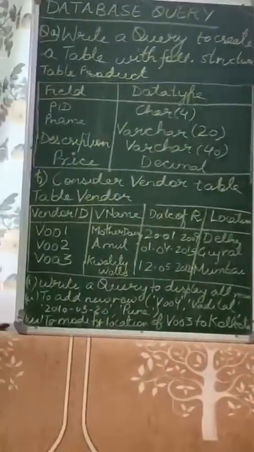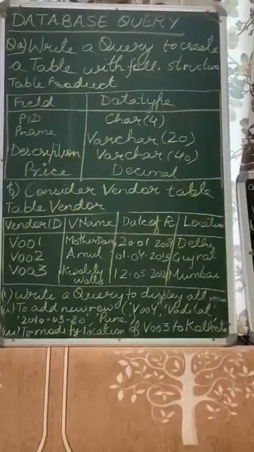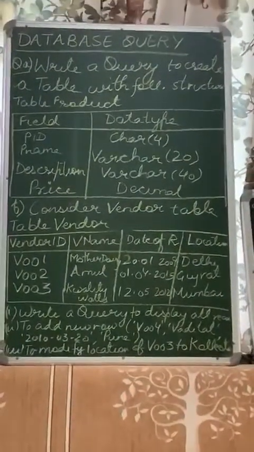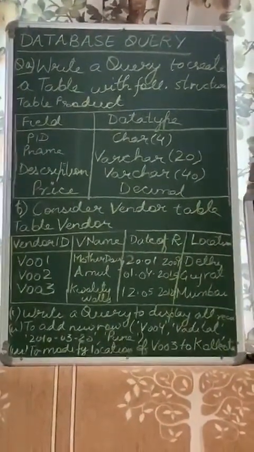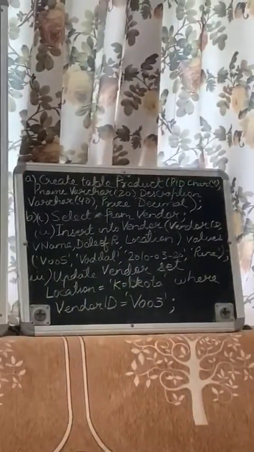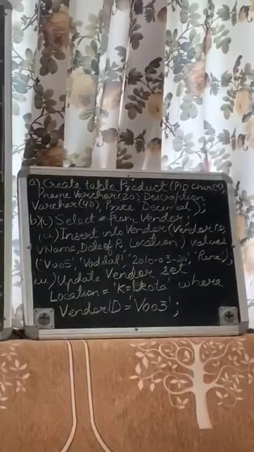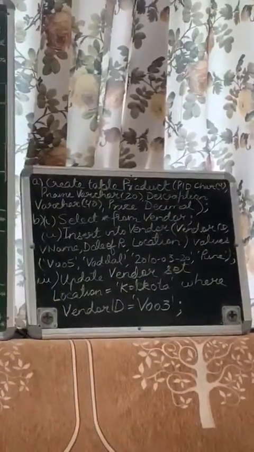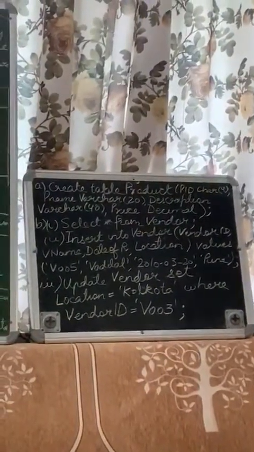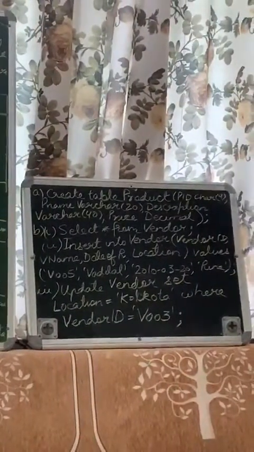Now the third part of the same question says to modify the location of V003 to Calcutta. Now if you want to change something, which SQL command are you using? You are using the update command. So the update command for this will be update vendor, the table name was vendor, set location equals to Calcutta, inside the single quotes, where vendor ID is equals to V003, again in quotes, and then a semicolon.